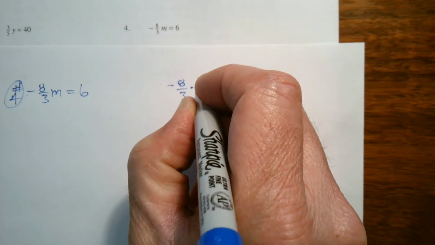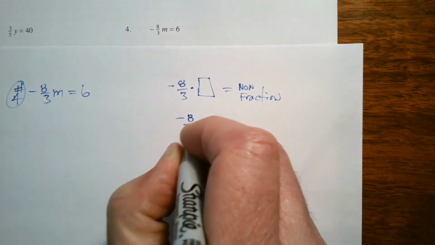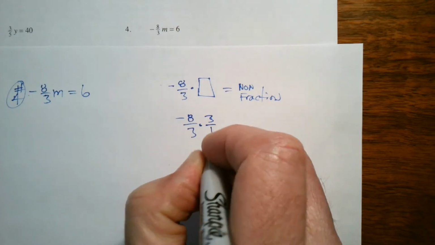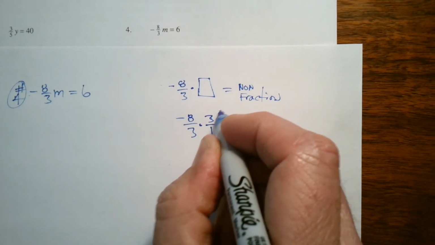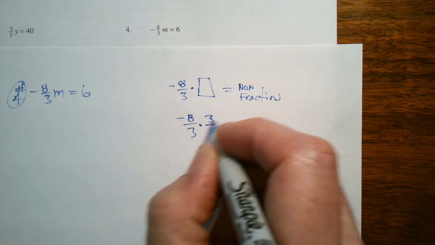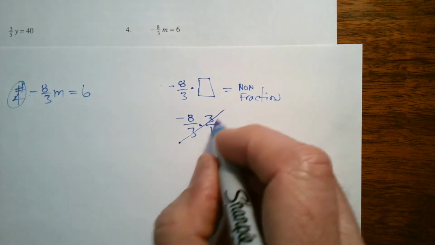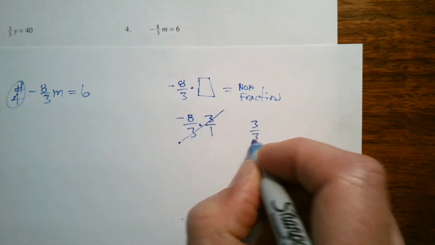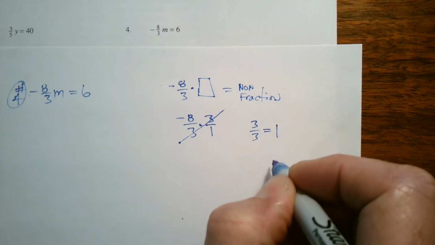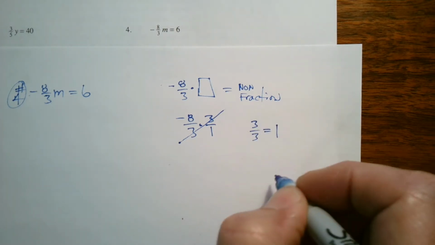So 8/3 times 3, and when you multiply by a whole number, you put it over 1, 3 over 1. What do you notice happens? The 3 in the numerator and the 3 in the denominator cancel out, because it's the same thing as 3 over 3, which equals 1.